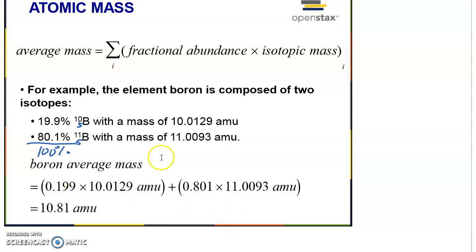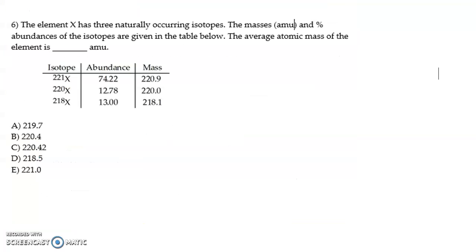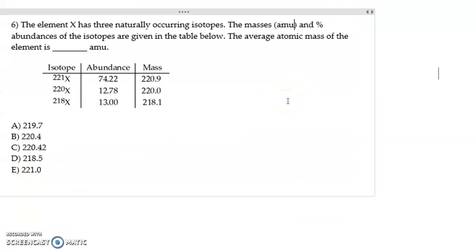All right, let's work on some exercise, to see if we know how to calculate the average mass for isotopes. Let's look at this one. An element X has 3 naturally occurring isotopes, and the abundance and the mass are given in this table. Let's calculate the average atomic mass.